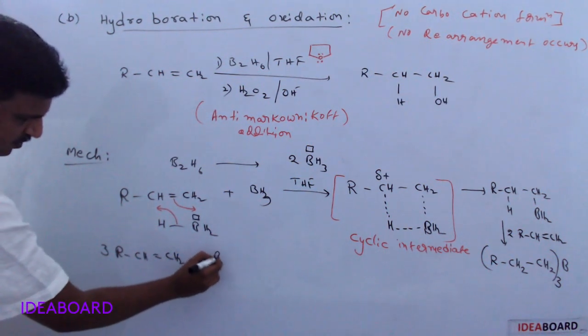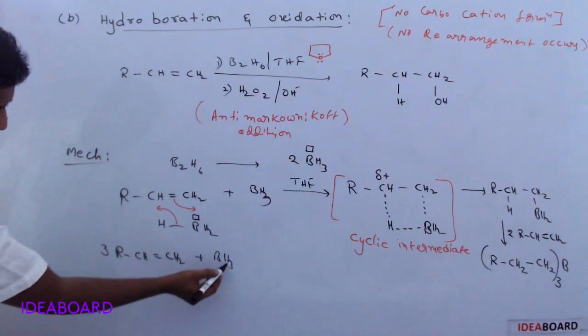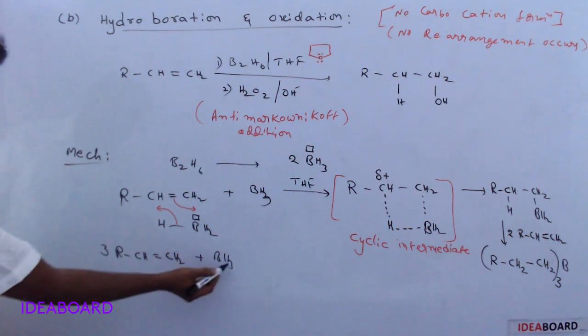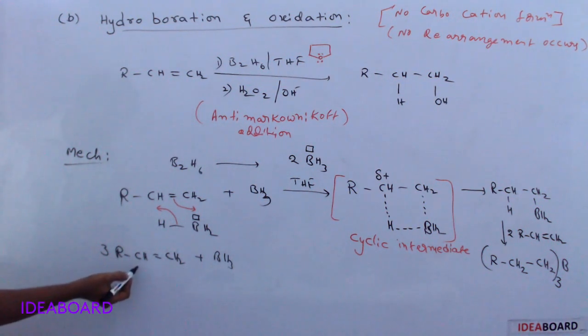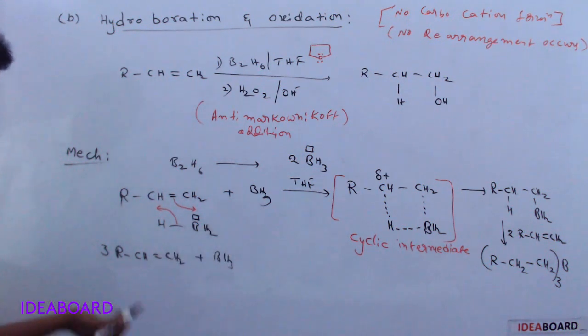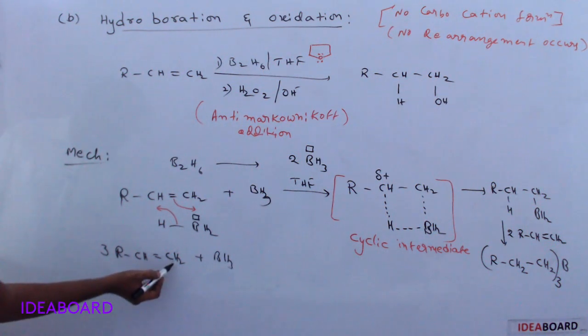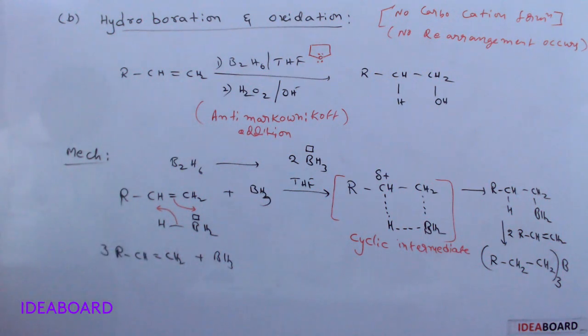We have BH3, so I am writing these three hydrogen atoms on three molecules: one hydrogen on the first molecule, the second hydrogen on the second molecule, the third hydrogen on the third molecule. On the other carbon we add the boron atom.